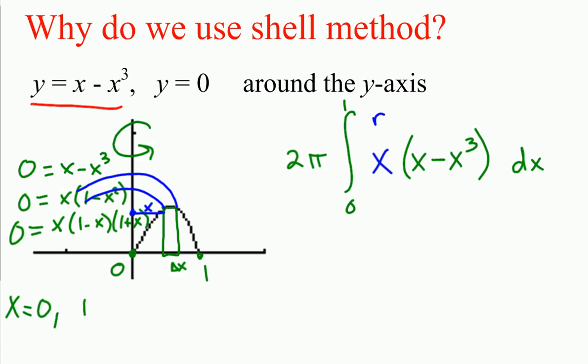Then we can put that through our calculator, or we can integrate it by hand. Either way, I'll end up getting 4 pi over 15. So do expect to be able to do it both ways. We do expect you can still do it by hand. All right, so then we're done. 4 pi over 15.